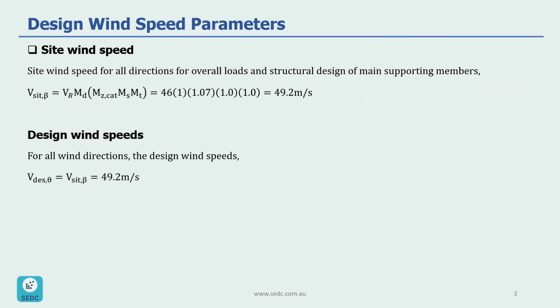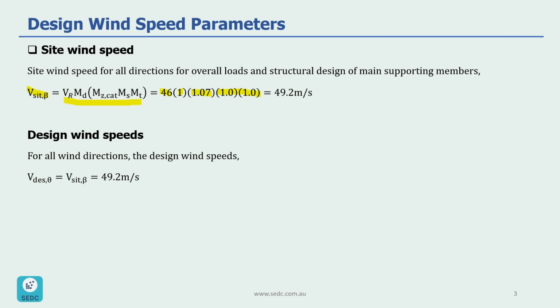Now that we have all the parameters to calculate V_site,beta, we can use this formula and calculate our design wind speed. Our regional wind speed was 46, MD was 1, MZ,CAT was 1.07, and MS and MT were 1.